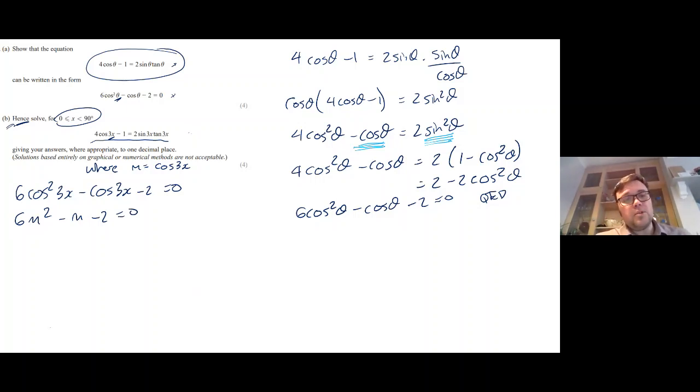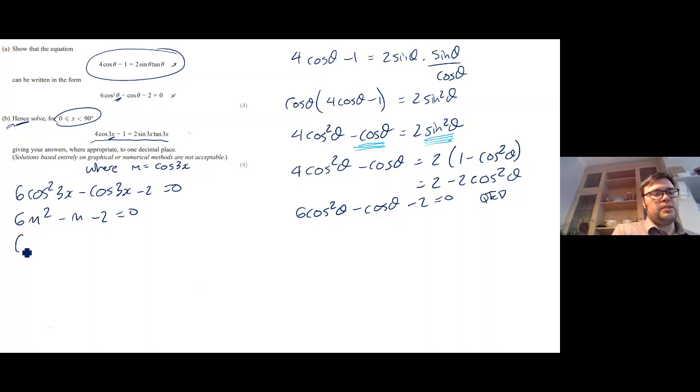You could use completing the square, or you could factorize it. How you do it is not important. However, if you don't show a method, and you just stick that into the calculator and it spits out the answers, you wouldn't get the marks. There's a method mark for solving these three-term quadratics, and if you don't do it, then you will not get the full marks.